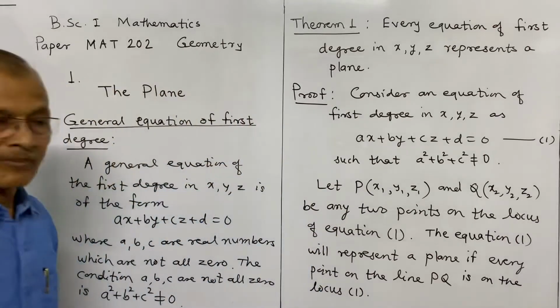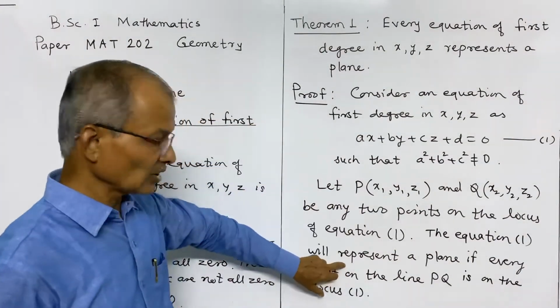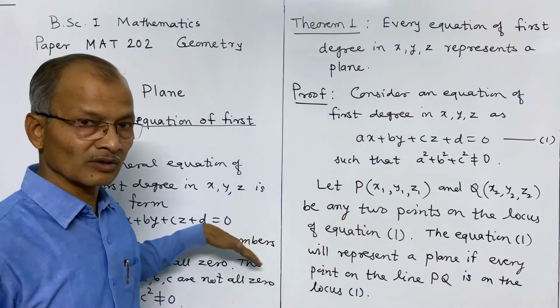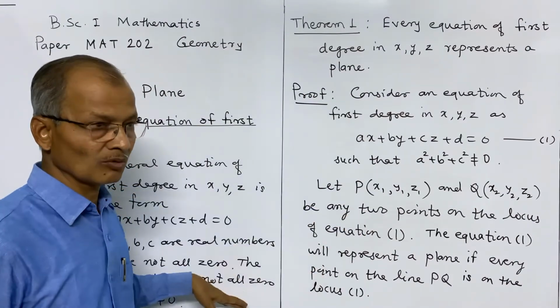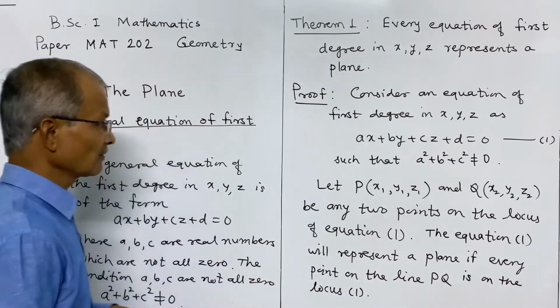So this is the condition for the equation of a plane. Take any 2 points, and then if you form the line joining the 2 points, then every point on the line must be on the locus.